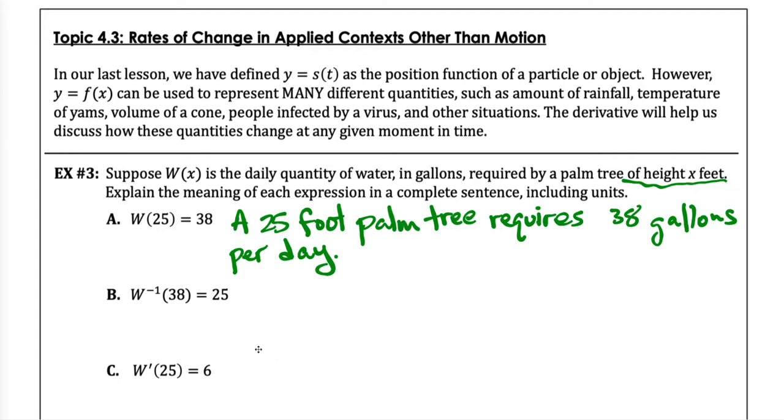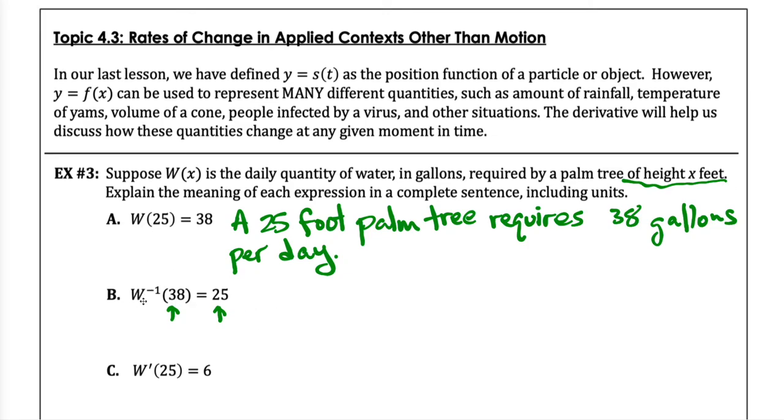This is an inverse, right? Okay, so inverse means whatever is in the parentheses represents the exact opposite. So these two numbers are inverted. That's what an inverse function is.